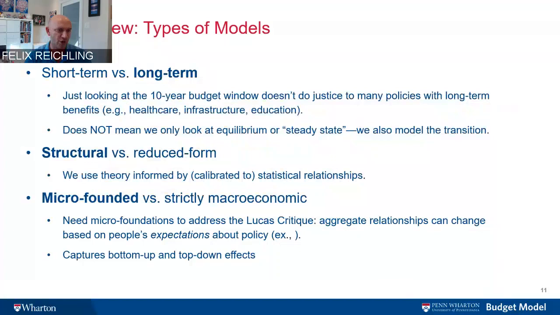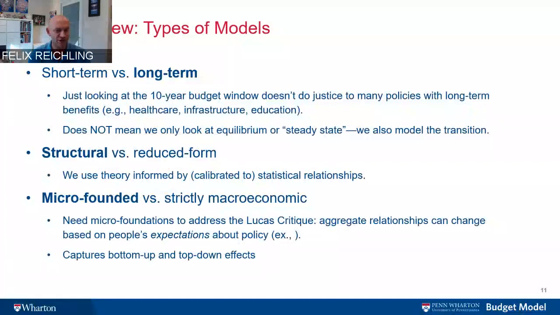Also important, our model is micro-founded. That means we model each household individually, and we have lots of different households in the model. We are trying very hard to get each household's decision to be very similar to what it is in the real world.